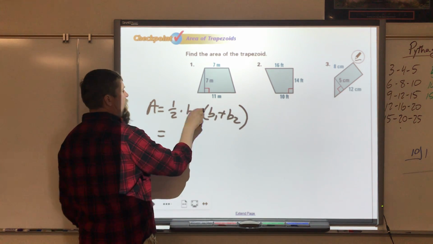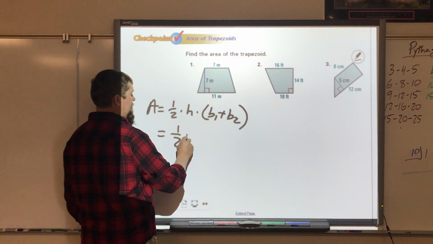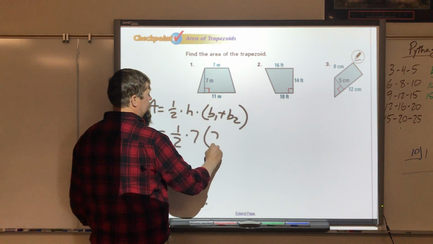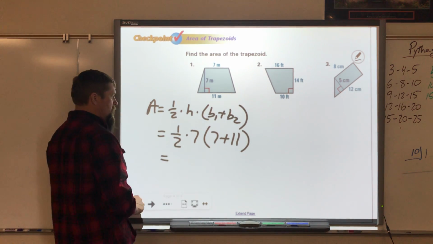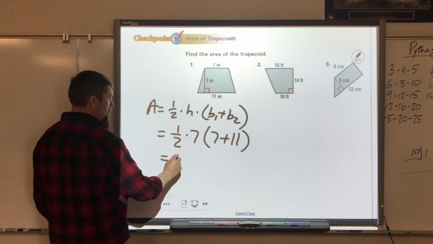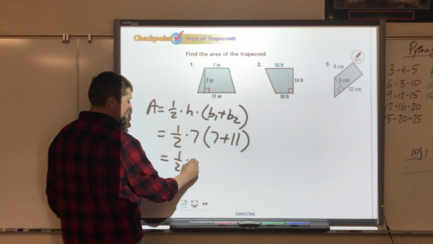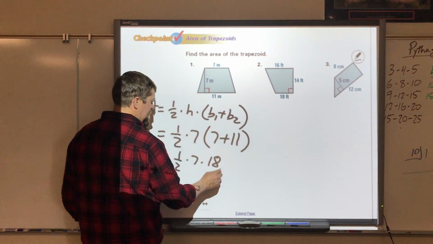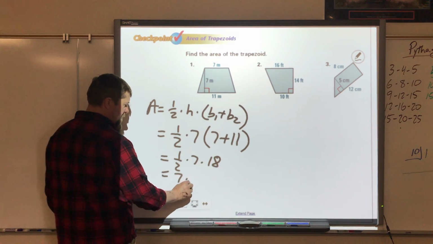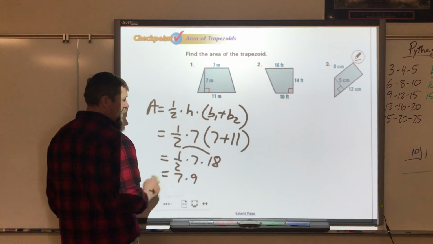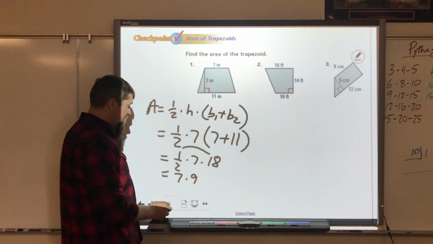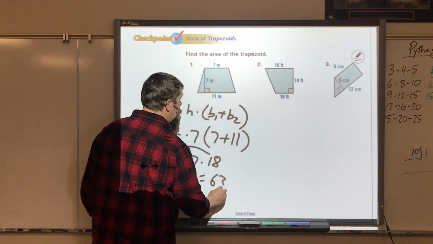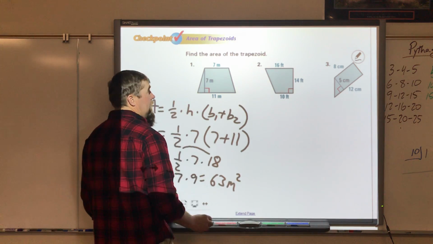Then fill in the formula. 1/2 of 7 times 7 plus 11. We end up with 1/2 times 7 times 18, which is 7 times 9, because I multiply the half times 18 instead of multiplying it times 7, which is 63 meters squared.